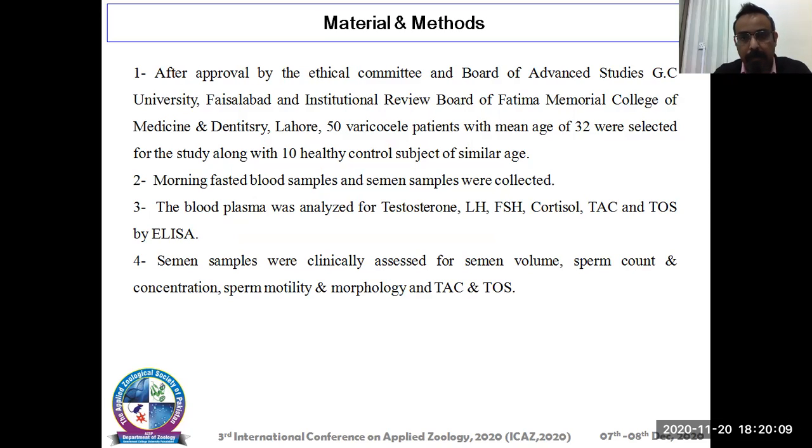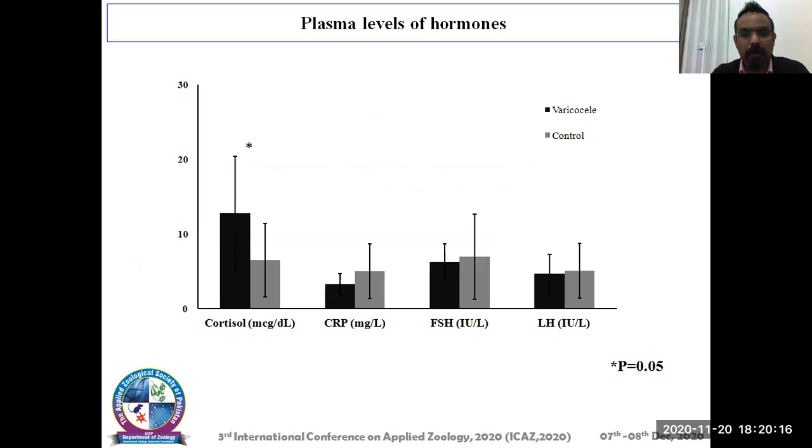Now, I will move on towards the results. So, for the endocrine picture, we saw an increase in the cortisol in the patients, while the FSH and LH levels were not very much different.